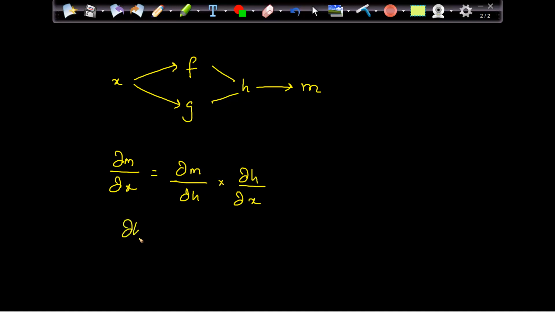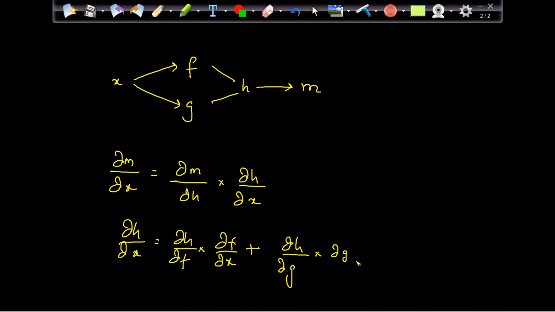So my ∂h/∂x is basically ∂h/∂f multiplied by ∂f/∂x plus ∂h/∂g multiplied by ∂g/∂x. This is what we have discussed in the past slide. And this I will put in this equation.